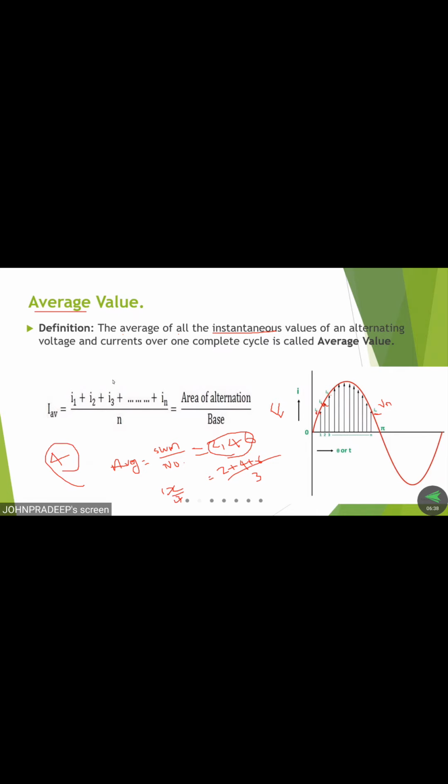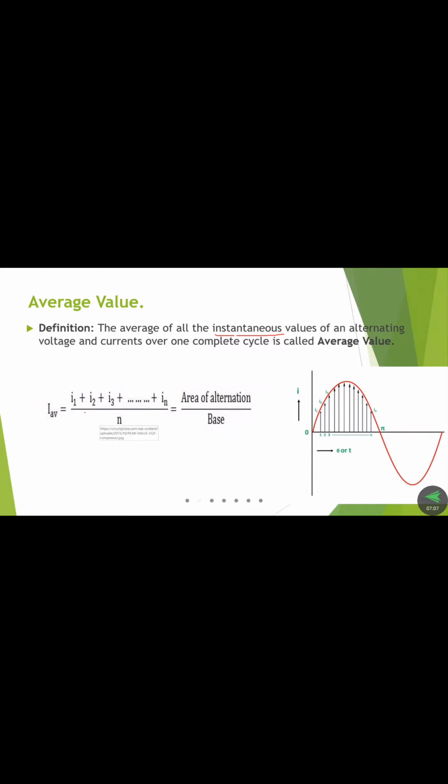Similarly, in the case of the current also, it will be sliced into n number of parts. The total current is from I1 to In and the number of quantities is n, which will give the average value. We already know the simple definition: it is the average of all instantaneous values in an alternating quantity, which we call the average value.